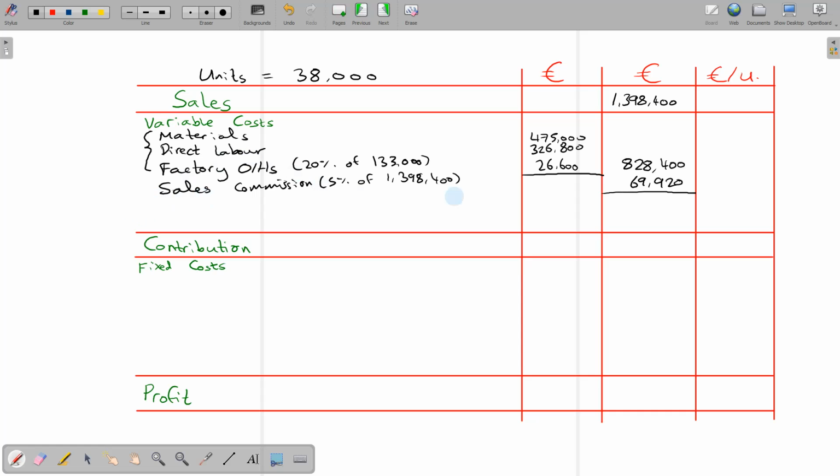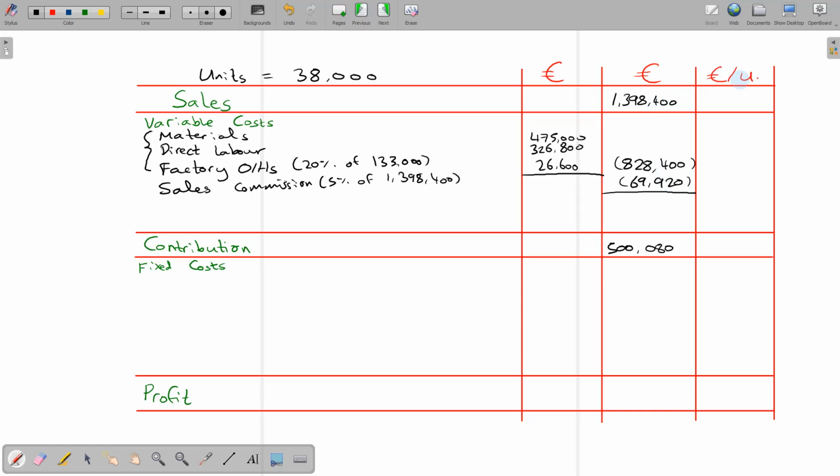The total variable costs, which we're not really too bothered about, can be written here, but all I'm going to do is take both of these figures away from the sales to get my contribution. So sales minus variable costs is our contribution, which is 500,080 euro.